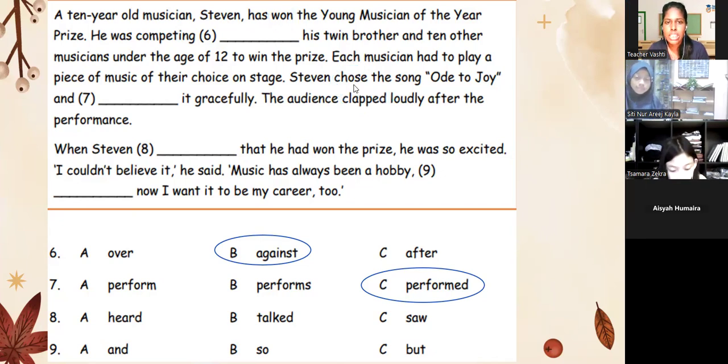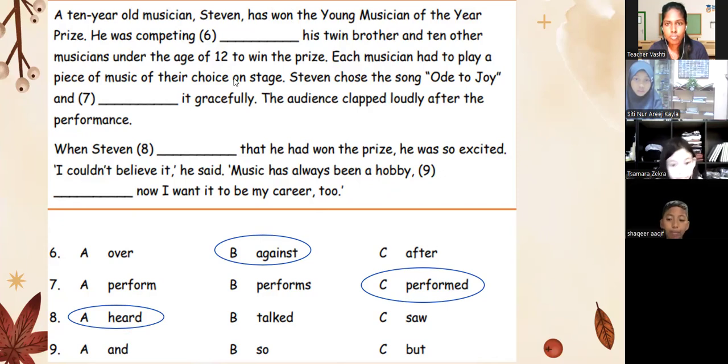Number 8. When Stephen heard that he had won the prize. Good. And last, number 9. Music had always been a hobby, but. Are you sure? The correct answer is but.